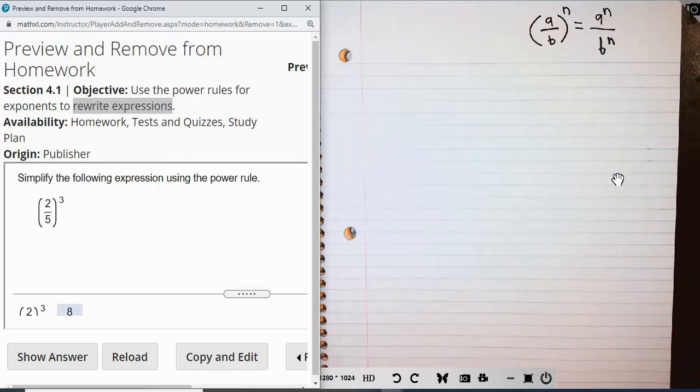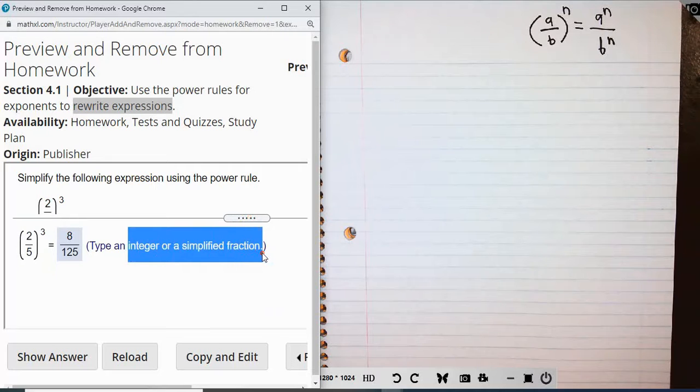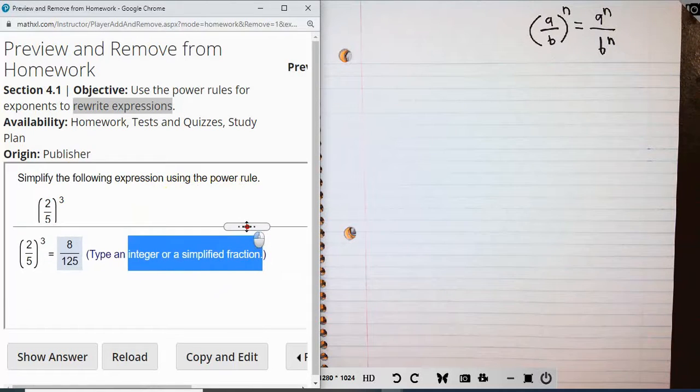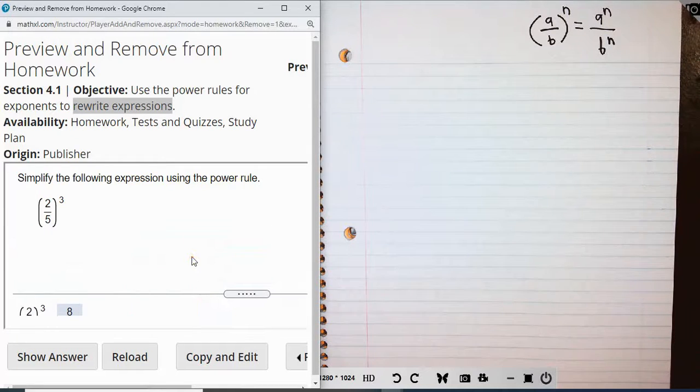Look exactly at what it says again: type an integer or a fraction. Notice it doesn't specifically say to write it using only positive exponents. As far as homework goes, notice how they have the answer there. They didn't leave those numbers to the power; they evaluated them.